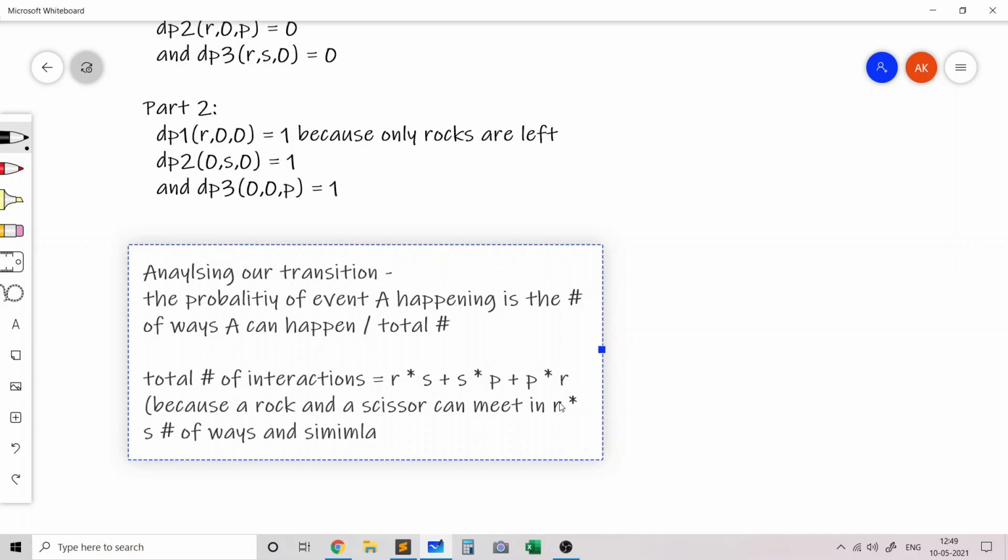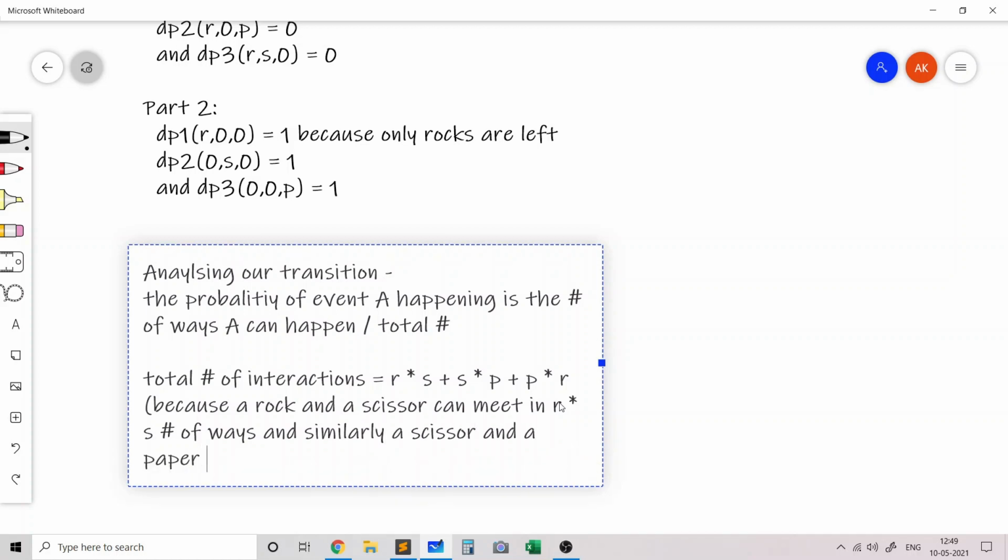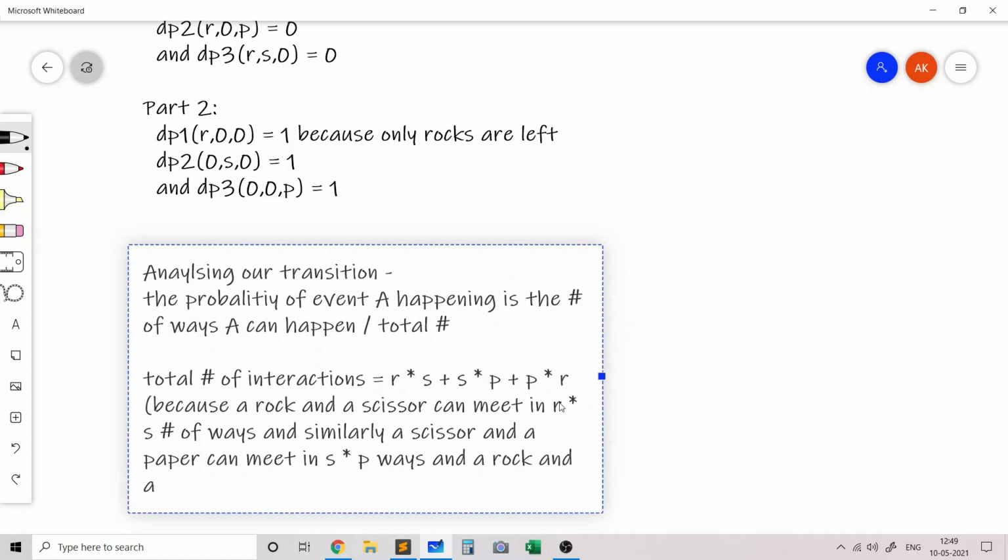And similarly, a scissor and a paper can meet in S into P ways, and a rock and paper can meet in P into R ways.